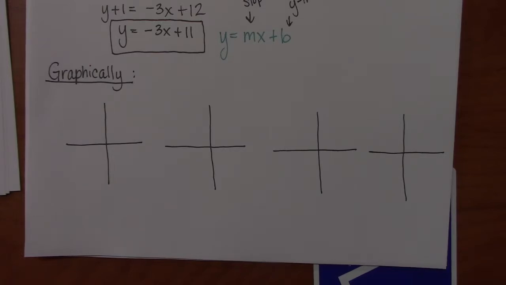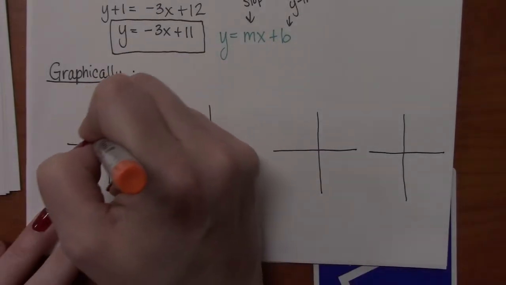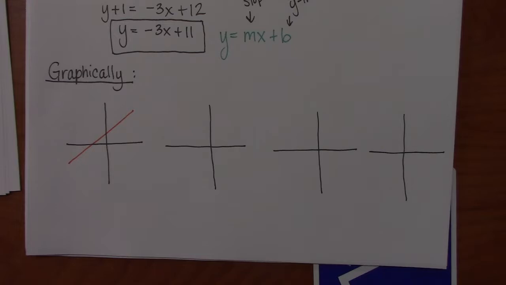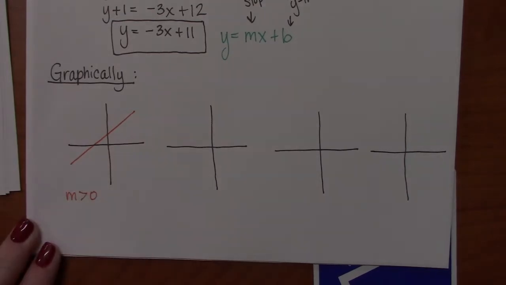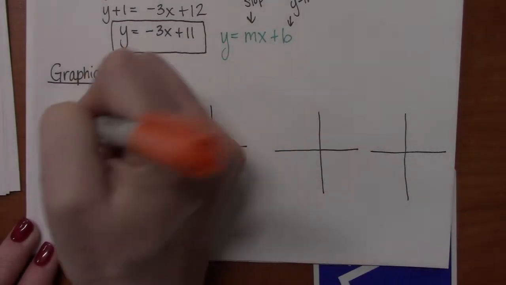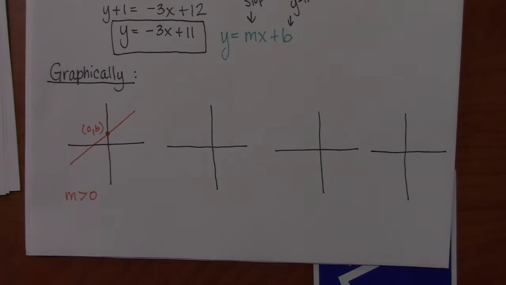So the first, let me get a better color. The first is we can have a line that tilts up to the right. So this line, right, has a positive slope. We can see here, this is its y-intercept. So that's just 0, b.